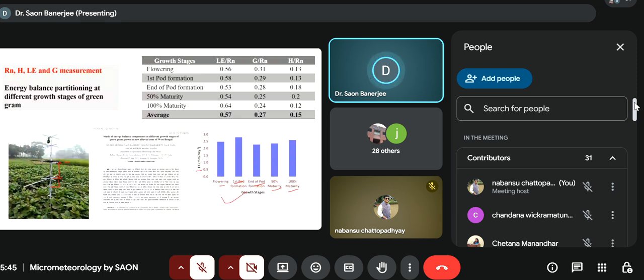All this you will get, the evapotranspiration value, with the help of this type of micrometeorological study. So if you do not have a lysimeter, with the help of Bowen ratio energy balance study, you can measure the evapotranspiration in your crop field.